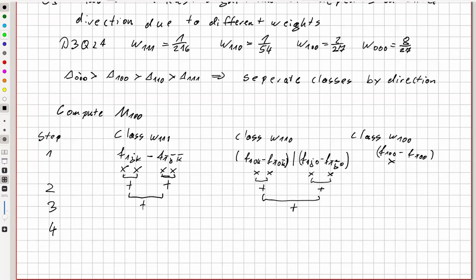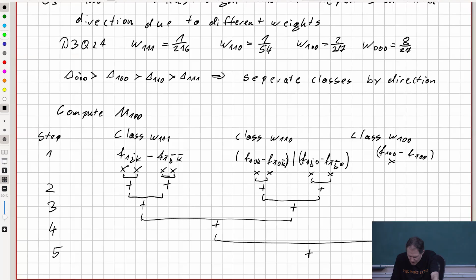And then we come to the fourth round, where there are no more things of the same class left, so we put these together. And in the last round, round number 5, we add this to this. And then we have the moment M100 calculated like this.